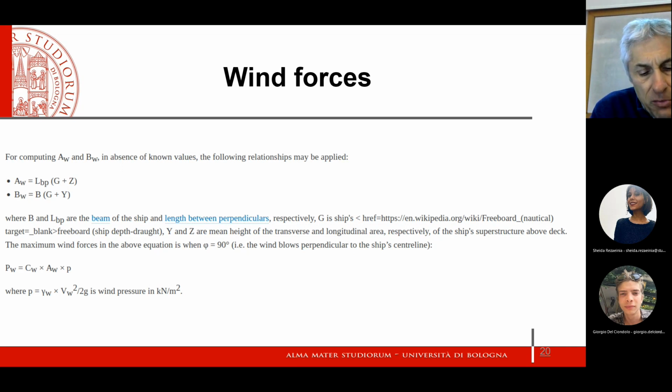But in absence of information, because you may be left with a variety of ships or limited information on what ships are to be expected, you can use these empirical relationships here, where B and LBP are the beam and the length between perpendiculars of the ship.